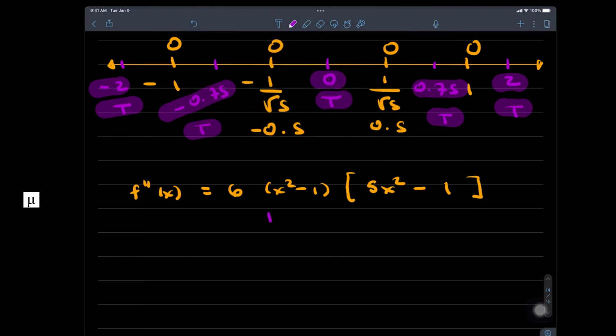So you might look in the book, and you know what the book does? It does like as a test point for some of these problems, it does ±2. Okay? Why do you guys think it does ±2? Because when you plug in that x squared, what's the deal? If it's +2, 2 squared is 4. -2 squared is also 4. So it tries to kill 2 birds with one stone.